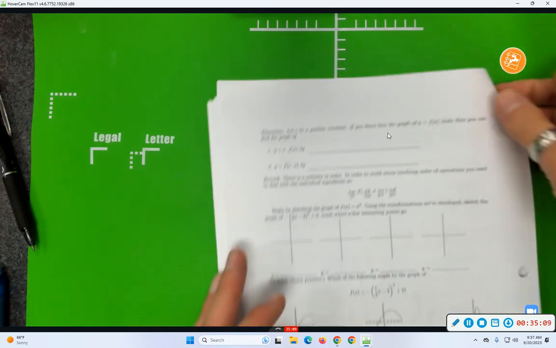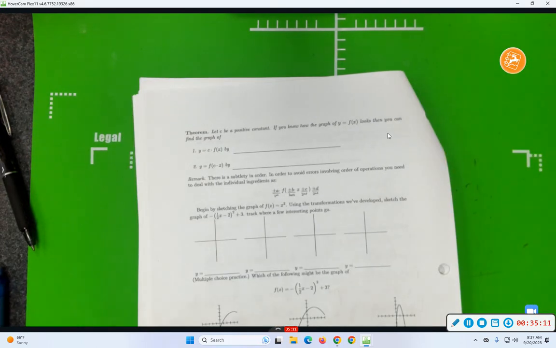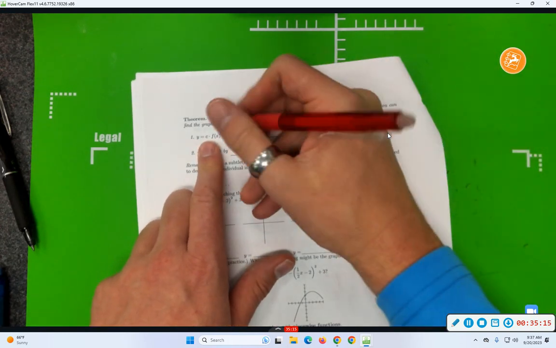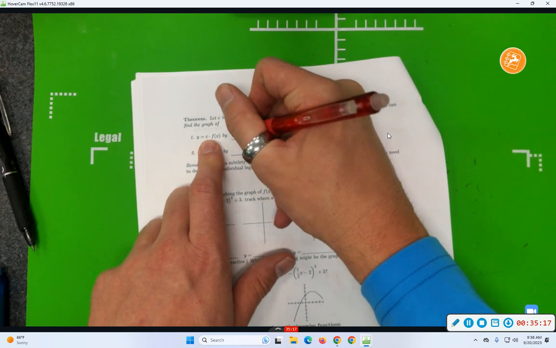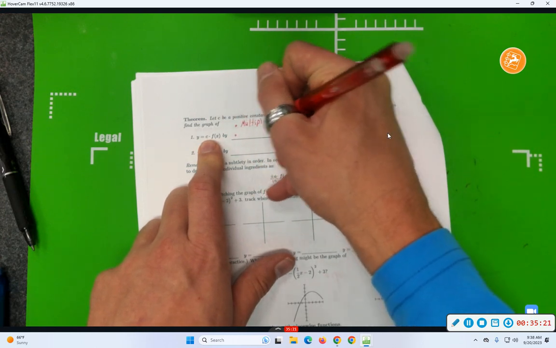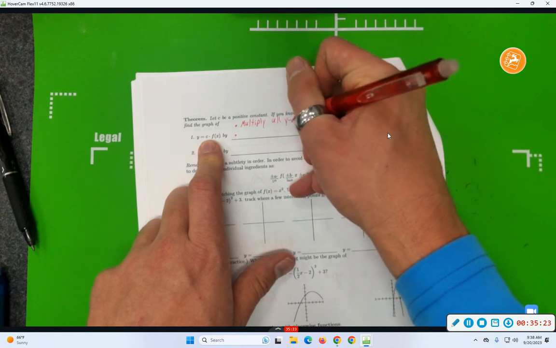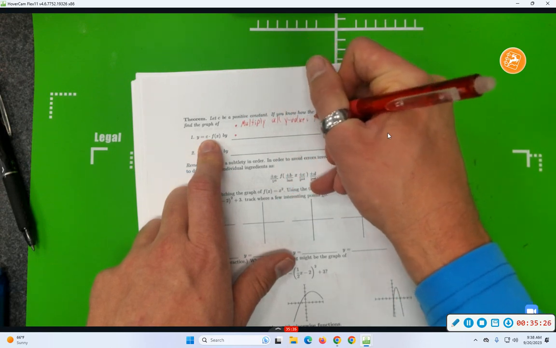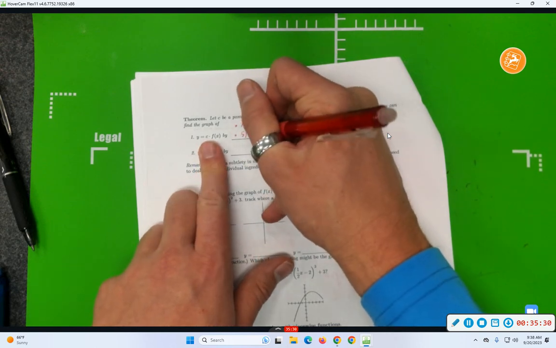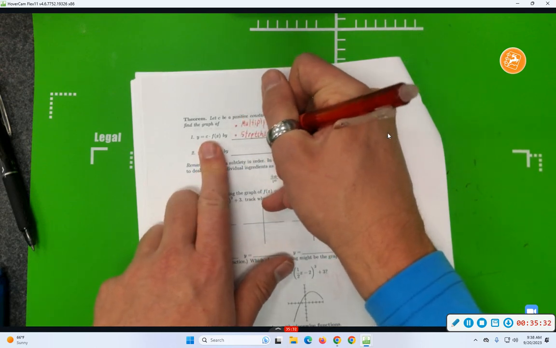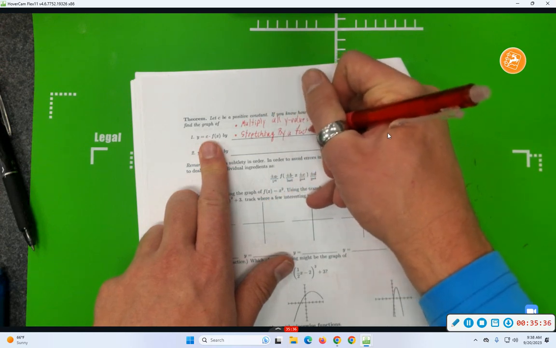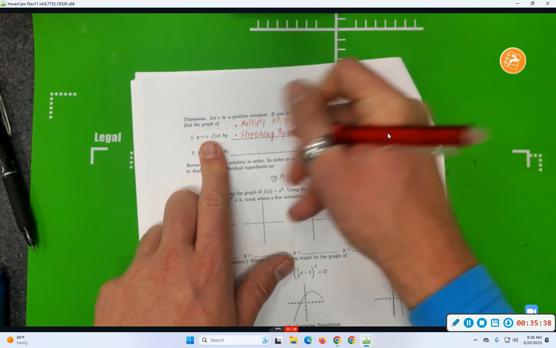So for any constant, for now I'll say positive, if you know what the graph of y equals f of x looks like, then you can get the graph of y equals c times f of x by, maybe I'll say this two different ways, multiplying all y values by c, or stretching by a factor of c.